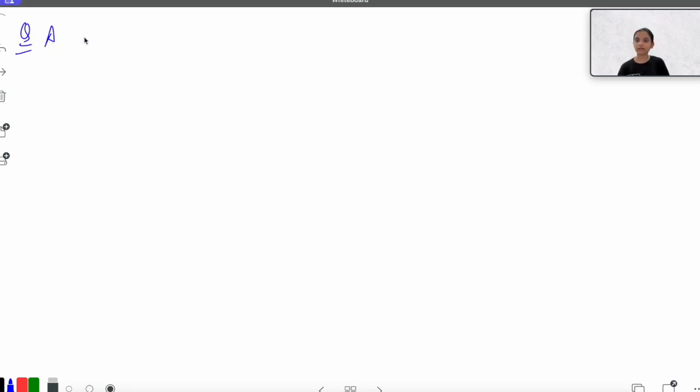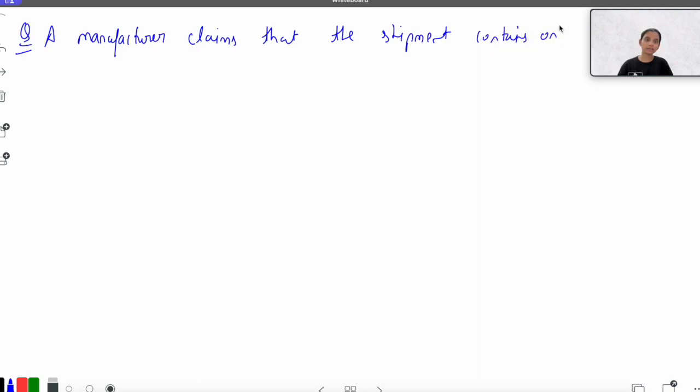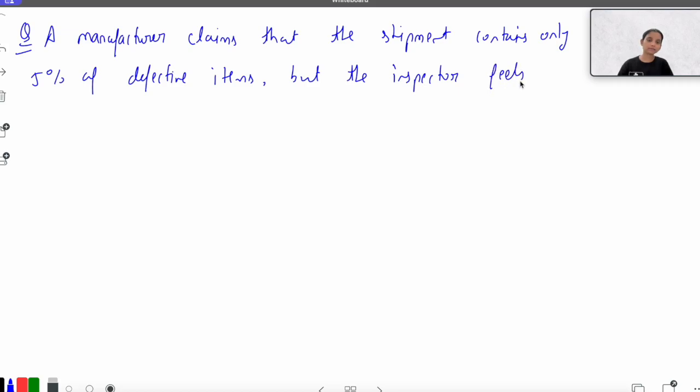The question is, a manufacturer claims that the shipment contains only 5% of defective items, but the inspector feels that in fact it is 10%.